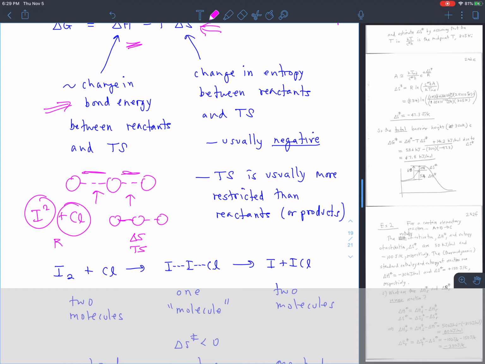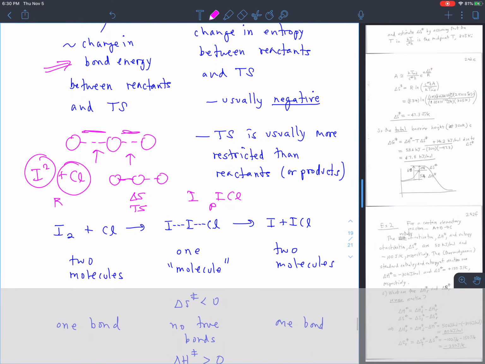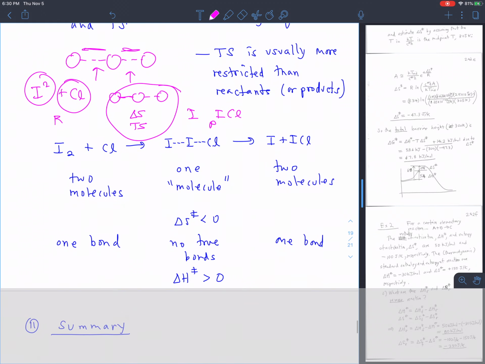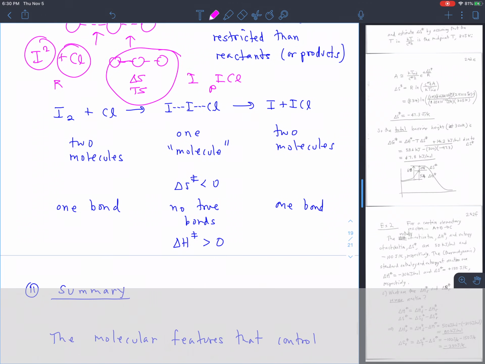And likewise, over on the product side, you've got one lone atom and then one molecule, so you've got two separate molecules again. The product side also looks to have higher entropy than the transition state. So very often, the transition state has the lowest entropy, and the delta S double dagger is a negative quantity, yeah. So that's what this is showing here.